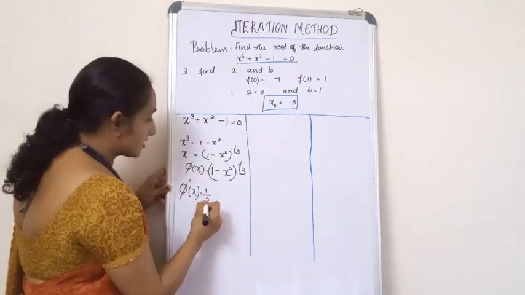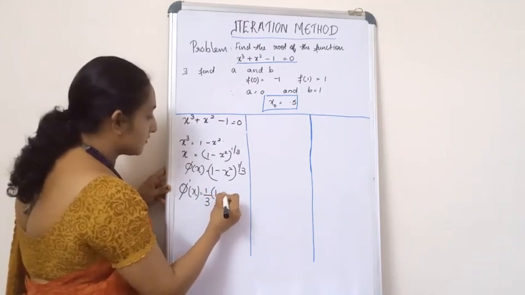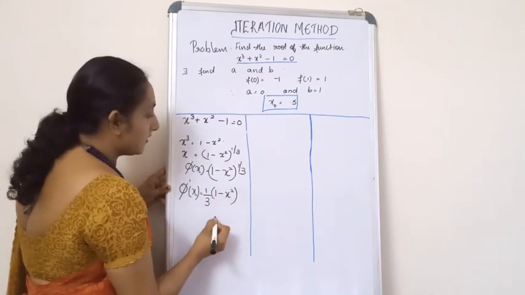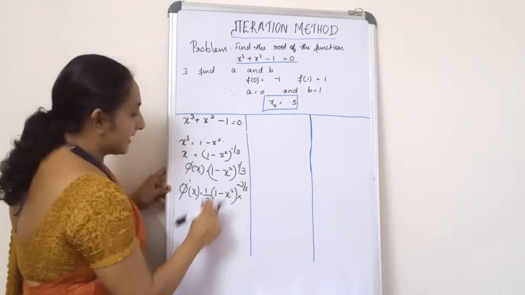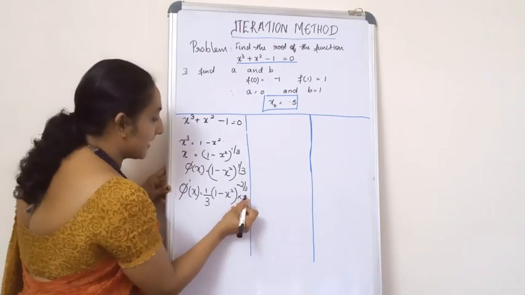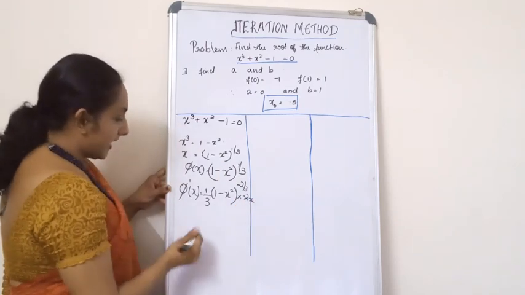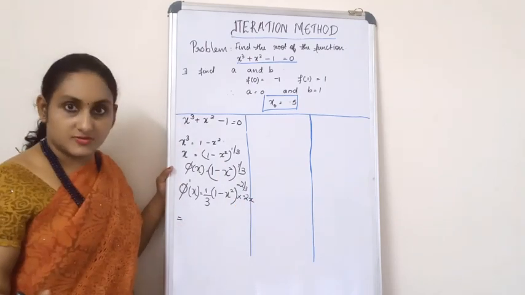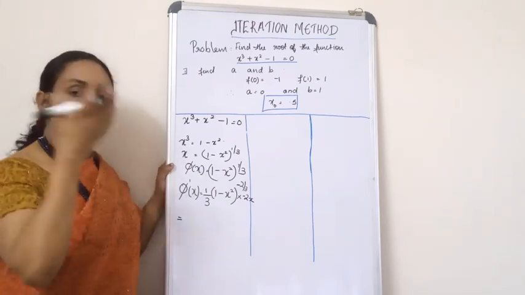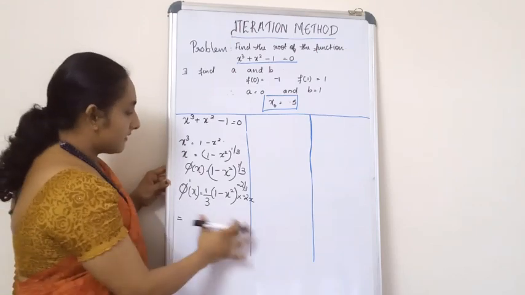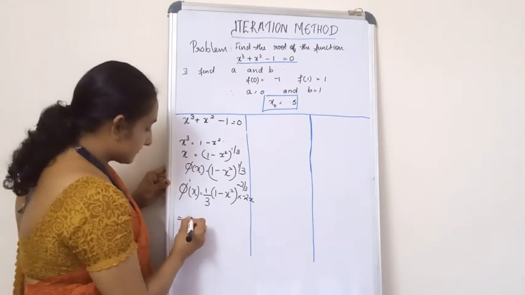When you differentiate, you get 1 by 3 into 1 minus x square the whole raised to minus 2 by 3, multiplied by minus 2x. I hope you all know how to do the derivation. These are all simple derivations, and I don't want to go back to your high school level. So by differentiating this, I will get the final answer.